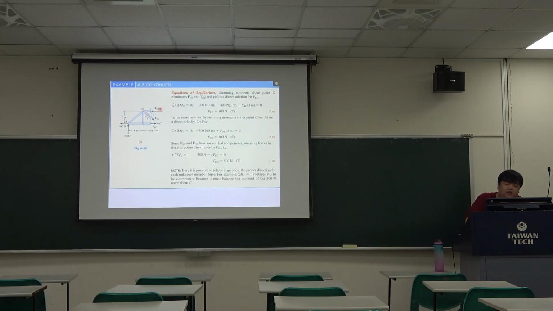So we don't care about this force and this force. We just use these three forces to get the moment about point G, and combine these three force moments equal to 0. Calculating like this, we can get FBC equal to 800 Newton.